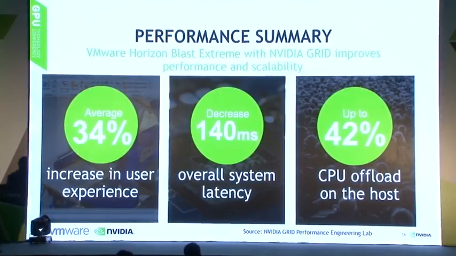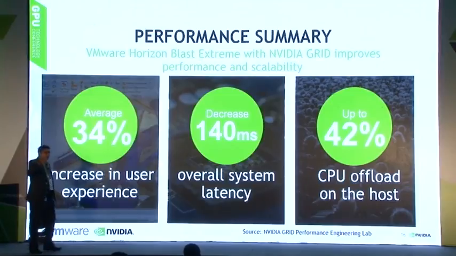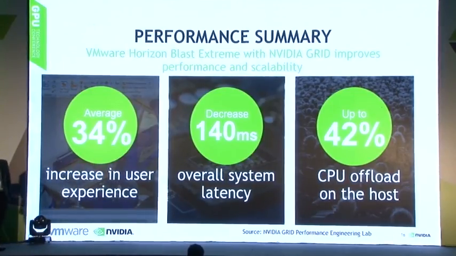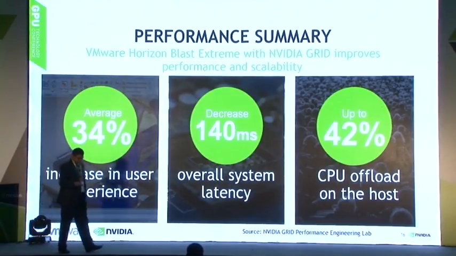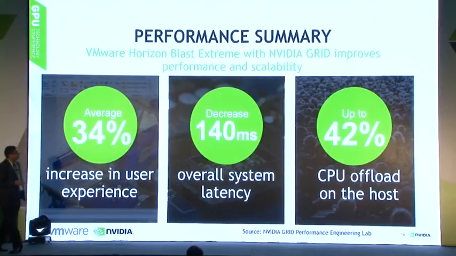How do you ensure that the latency is taken care of? And there is CPU offload on the host. Like the way we do SSL offloading with a reverse proxy, the GPU takes care of the decoding of the graphics, and then it gets rendered onto your machines.